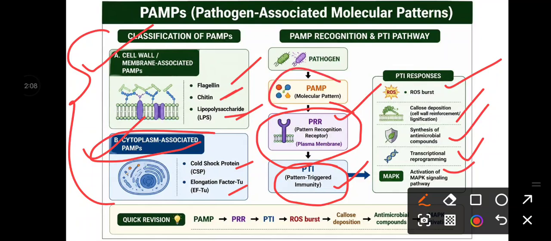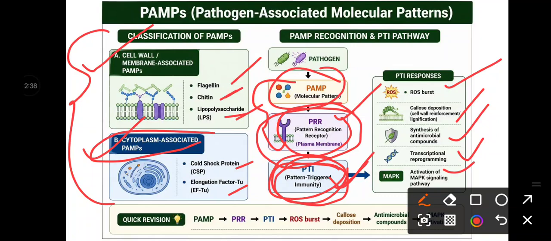See, this combination of PRR and PAMPs, this interaction leads to PTI, whereas the effector and R gene recognition will lead to ETI, effector triggered immunity. So this PTI is the basal level of immunity and ETI is the second level, or you can say the advanced level of immunity for the plant.